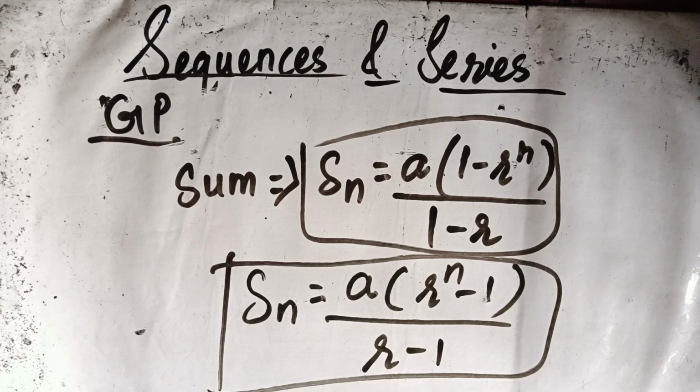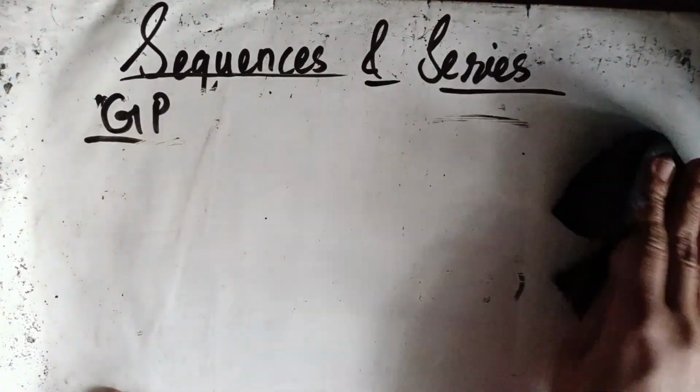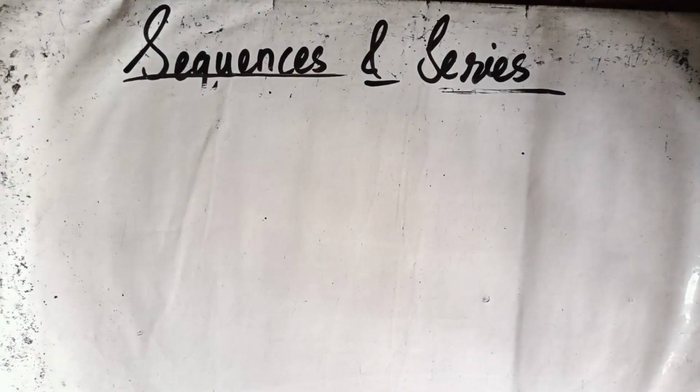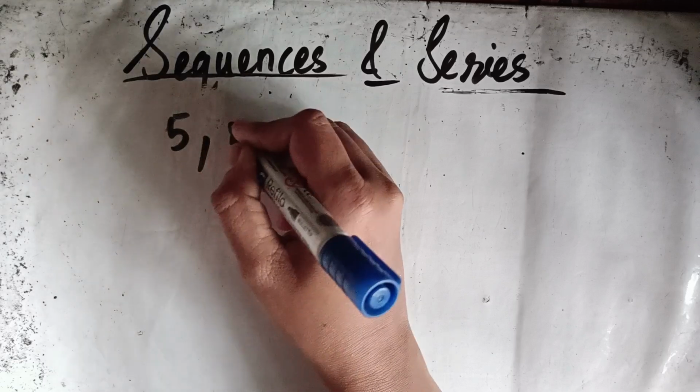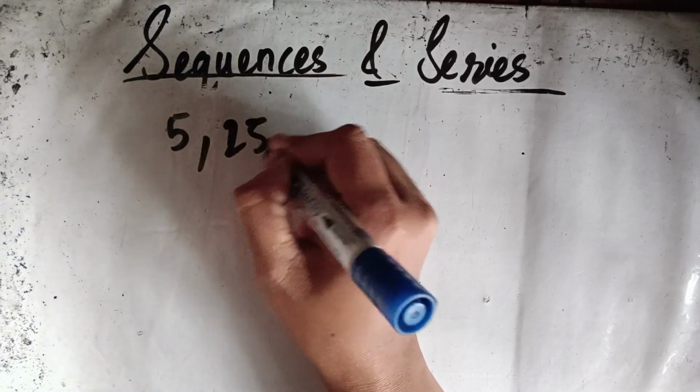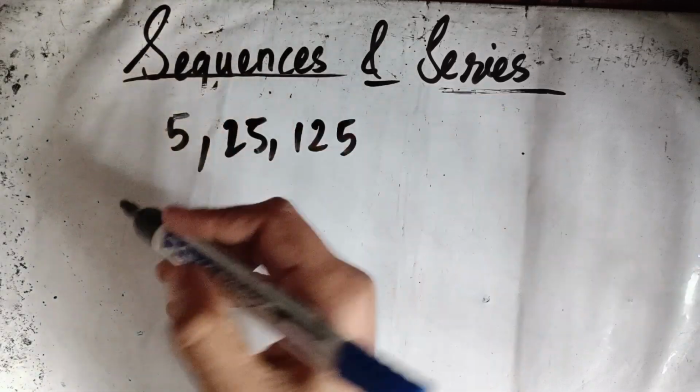Okay, let's see some examples. So the difference between AP and GP is the common difference and common ratio. Okay. Example: you have to find the 10th and nth terms of the GP. So the sequence is given. Okay.